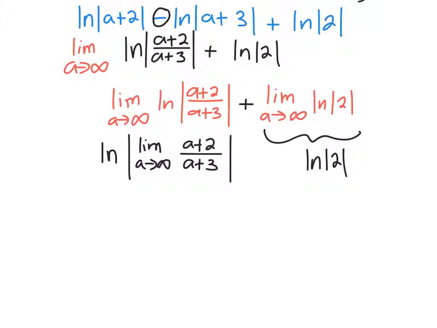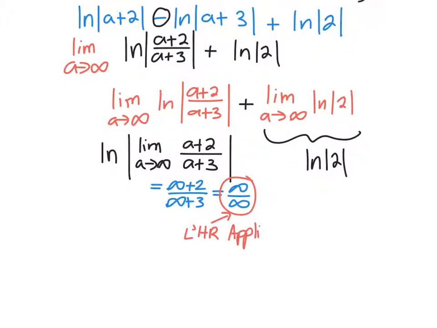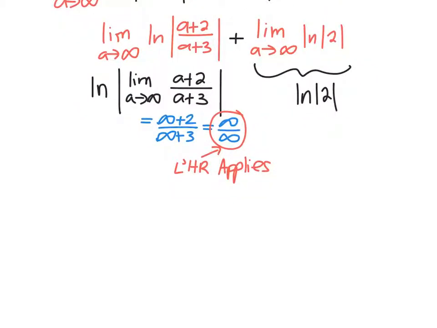So if I apply L'Hopital's rule here, I would be looking at infinity plus 2 over infinity plus 3, which is infinity over infinity. That means L'Hopital's rule applies. And here's your refresher on that.